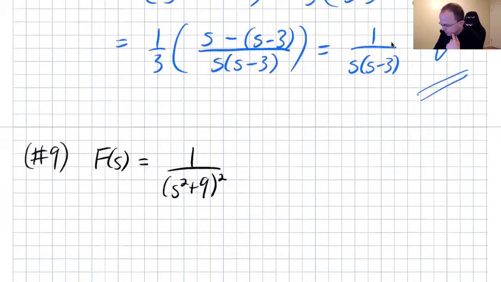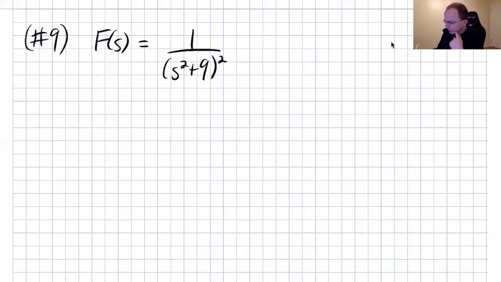Okay, so let's do another one. Now this one is where this convolution theorem really pays off, because this is a type of convolution that we were not able to do with partial fractions. So we really do need this convolution theorem to do this.